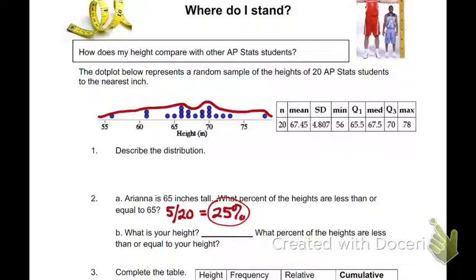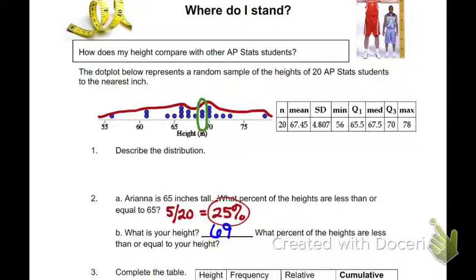Let me pick on somebody. Israel, what's your height? 69 inches. All right, so if I was going to do this with 69 inches, how would we calculate the percentile for 69 inches? Absolutely. So when I come up and I look here, there's 2 right at 69.